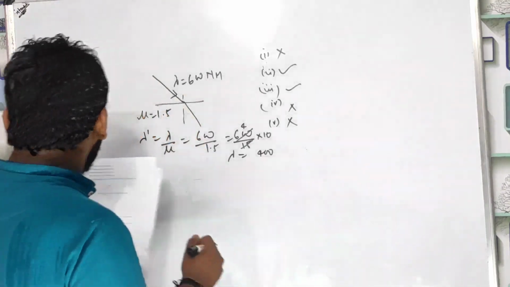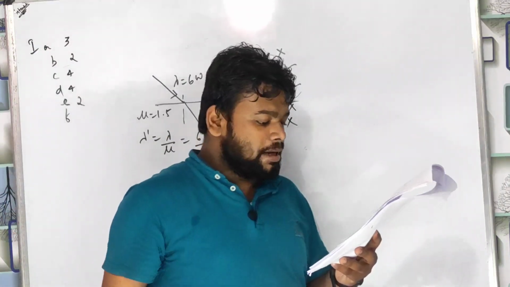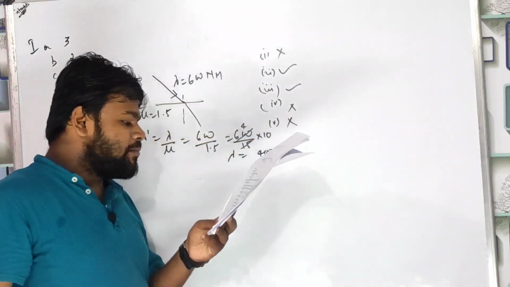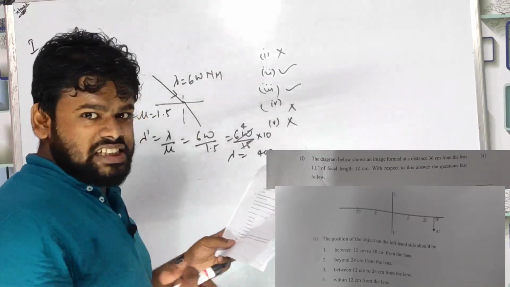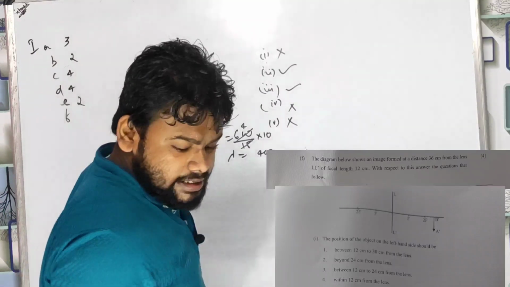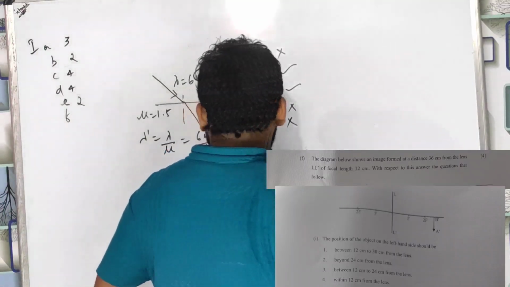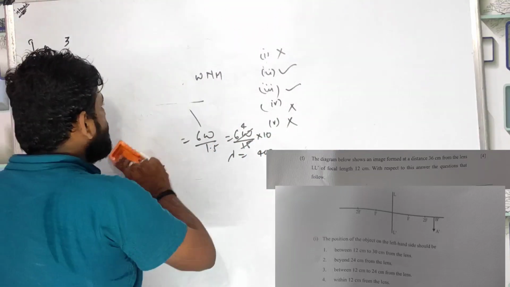All right, let us do F number. What is given in F? The diagram below shows the image formed at image distance. Let us erase this, so let me erase this, children.